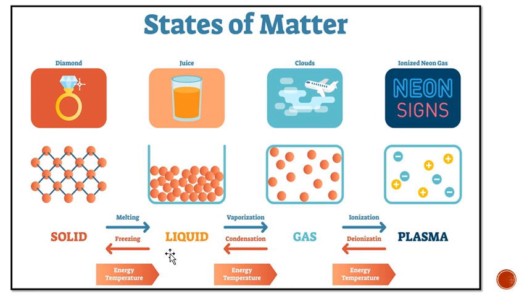So for example, water or ice water will freeze and then will become again a solid or the ice cube. And then for liquid, it can turn into gas or becomes gas. That is what we call vaporization.